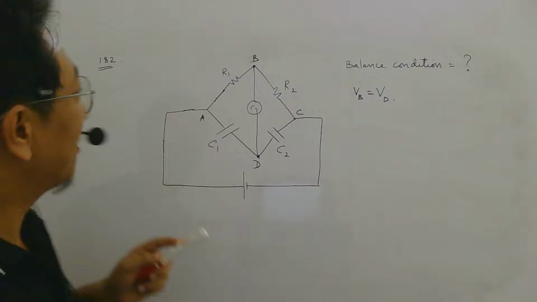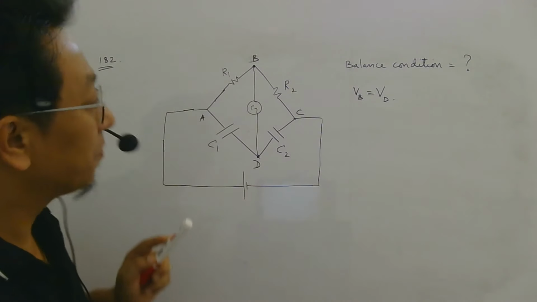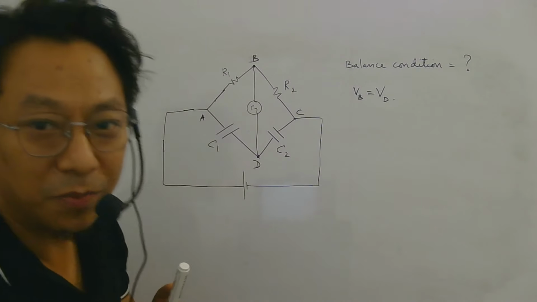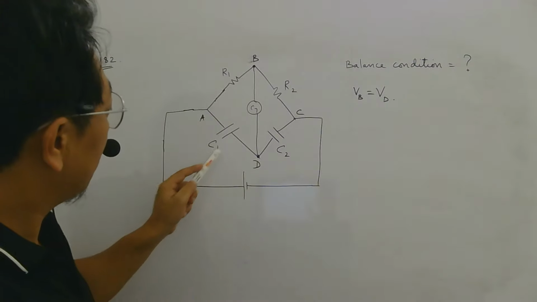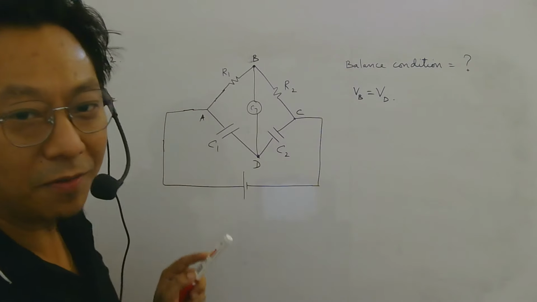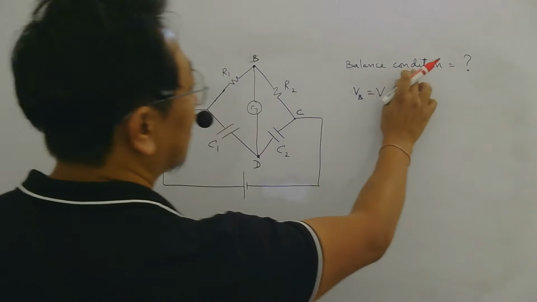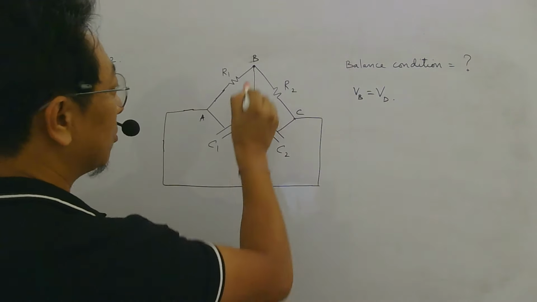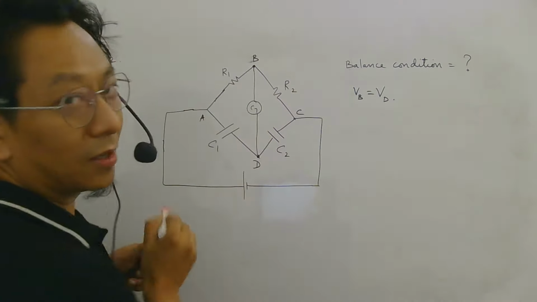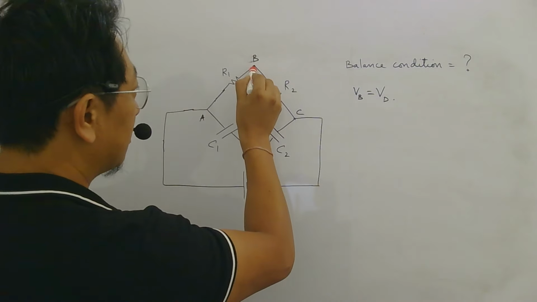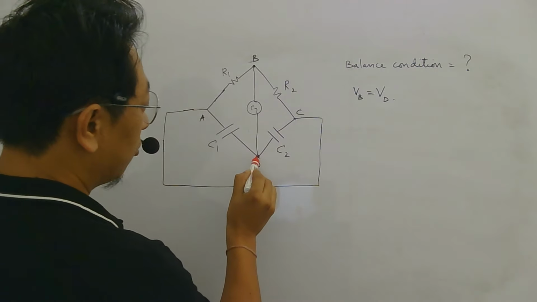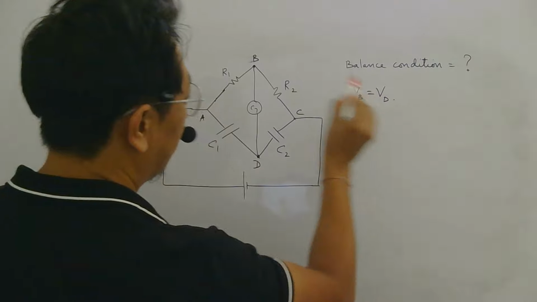Let us now see the next question, question number 182. They have given a Wheatstone bridge network, except instead of resistors here we have capacitors, and they want you to find the balance condition. Now balance condition means no current should flow in this branch. That means the potential of this point VB should be equal to the potential of this point VD.